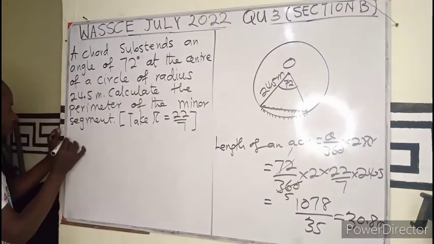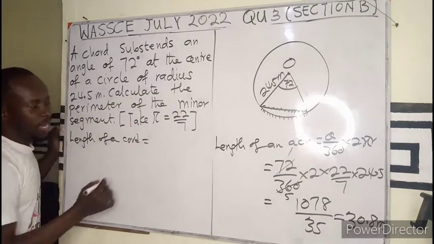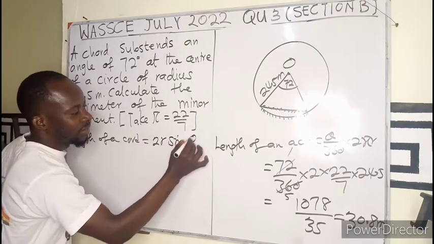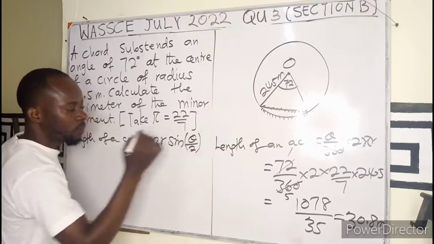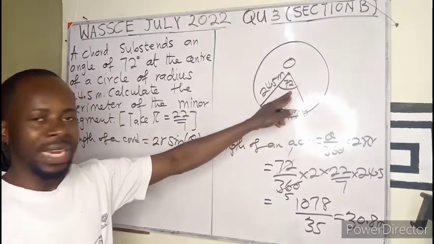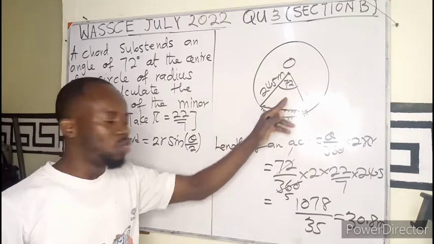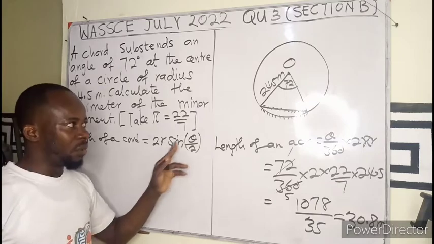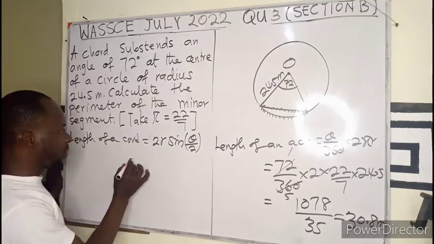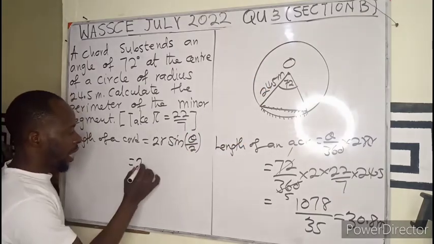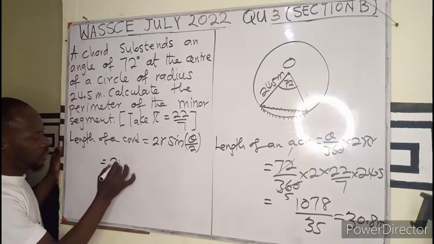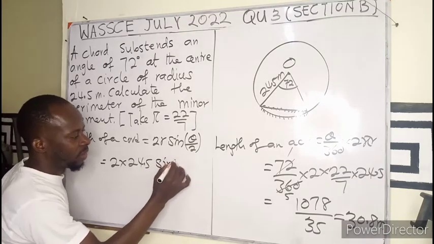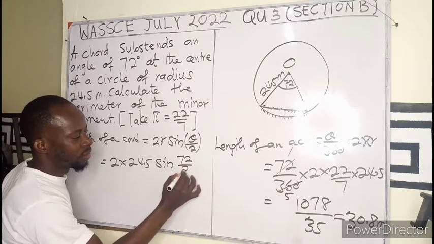Now, the length of a chord is given by 2r sine theta over 2. The theta that we have here in this case is 72, divided by 2, times the r, which is the radius. So that will give us 2 times 24.5 sine of 72 over 2.